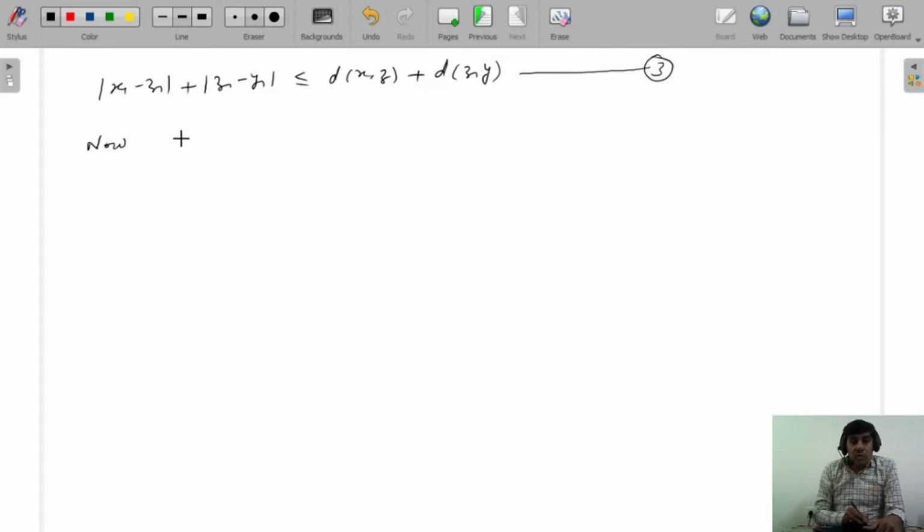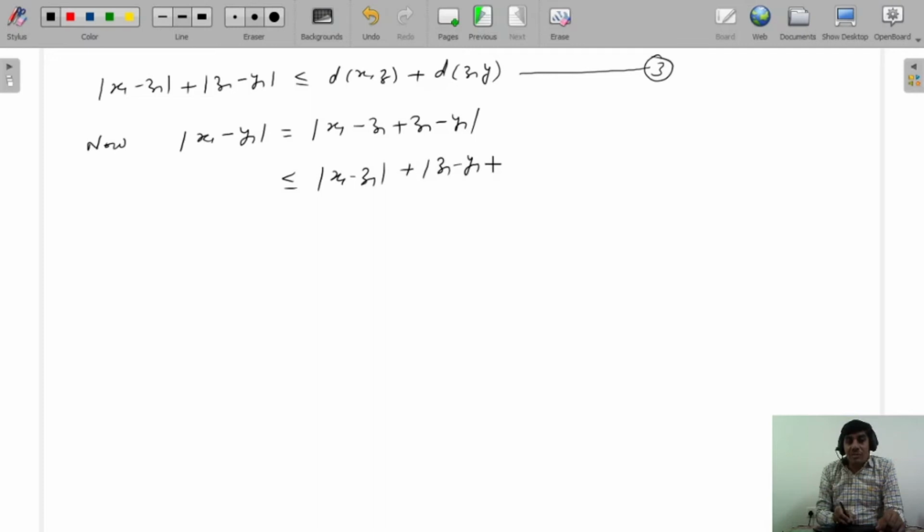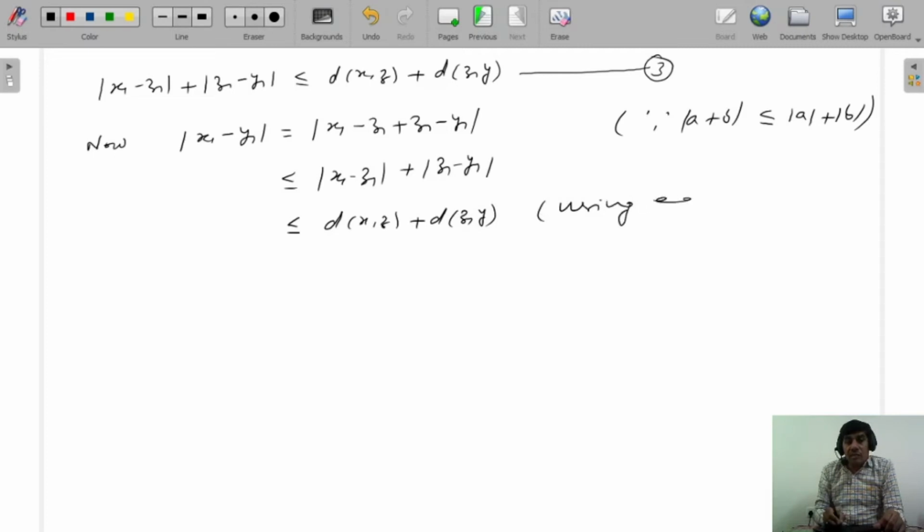Now, modulus of x1 minus y1, we can write it as modulus of x1 minus z1 plus z1 minus y1, adding and subtracting z1, which is less than or equal to modulus of x1 minus z1 plus modulus of z1 minus y1, because modulus of a plus b is always less than or equal to modulus of a plus modulus of b, which is less than or equal to dxz plus dzy using equation 3.